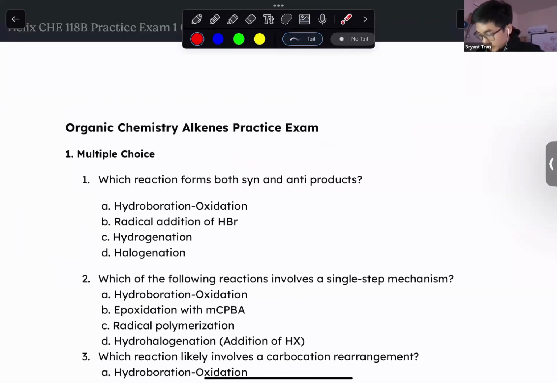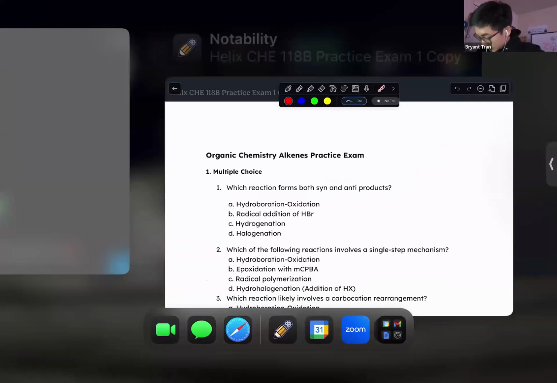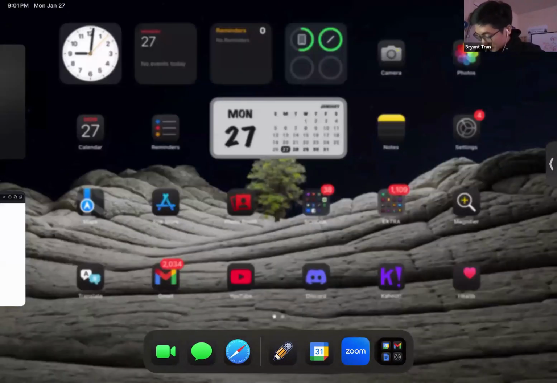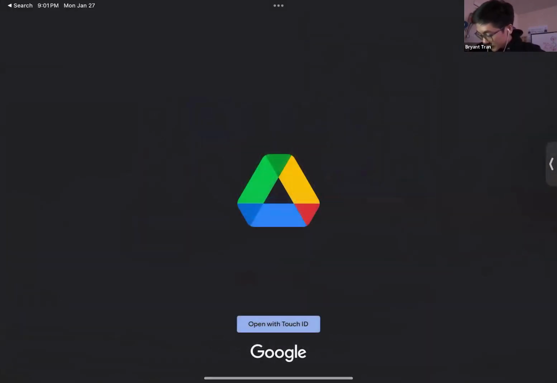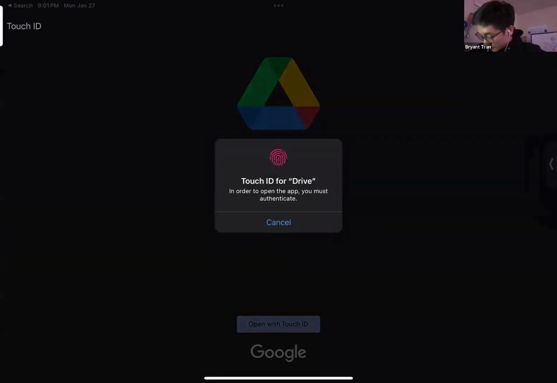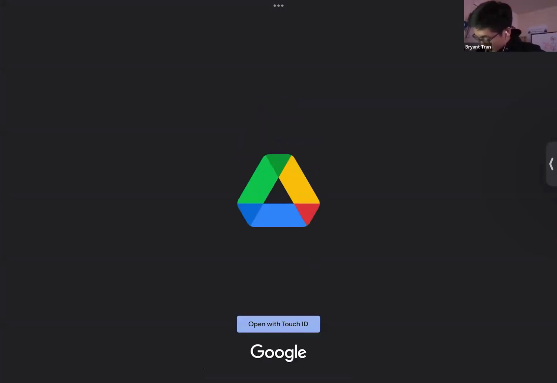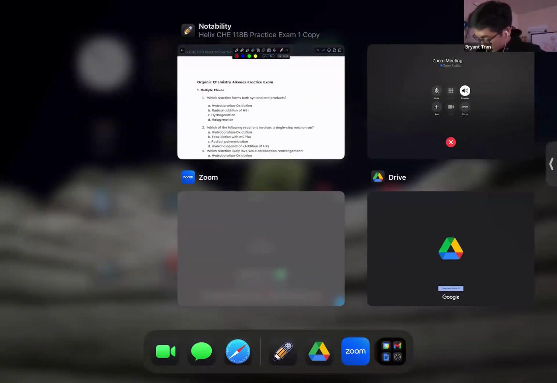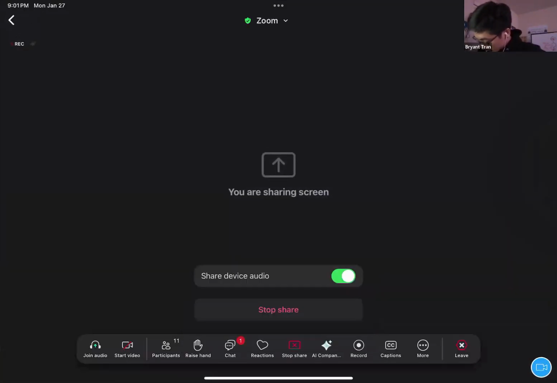Let me actually pull out a cheat sheet that I made for Helix's 118B class a while ago. So let me pull it out here for you guys. Okay, let's see here.